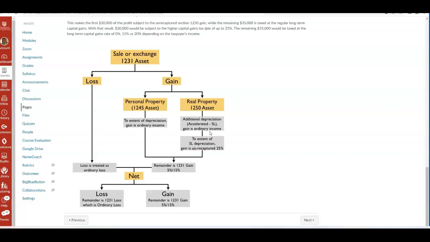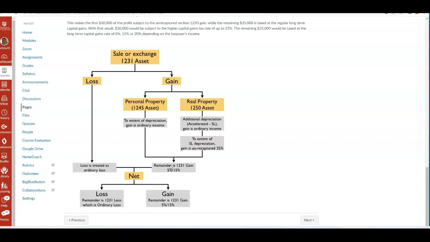Assuming you never did accelerated depreciation for the real estate property and you used only straight line depreciation, then to the extent of straight line depreciation, the gain is unrecaptured Section 1250 gain, taxed at 25%.